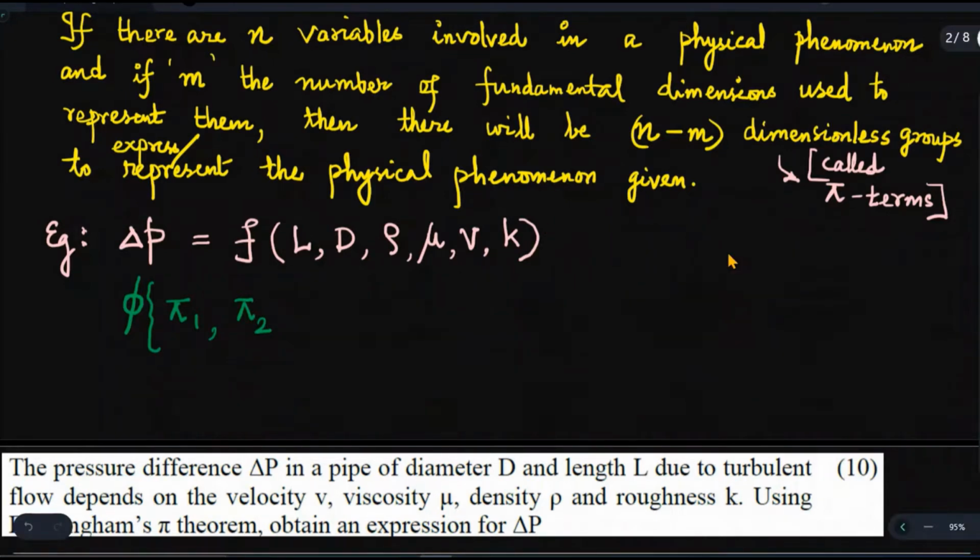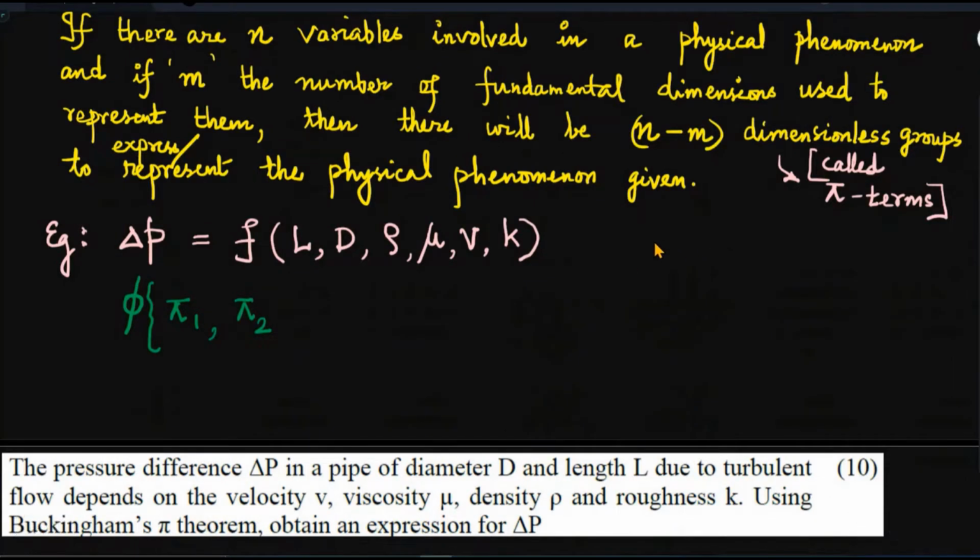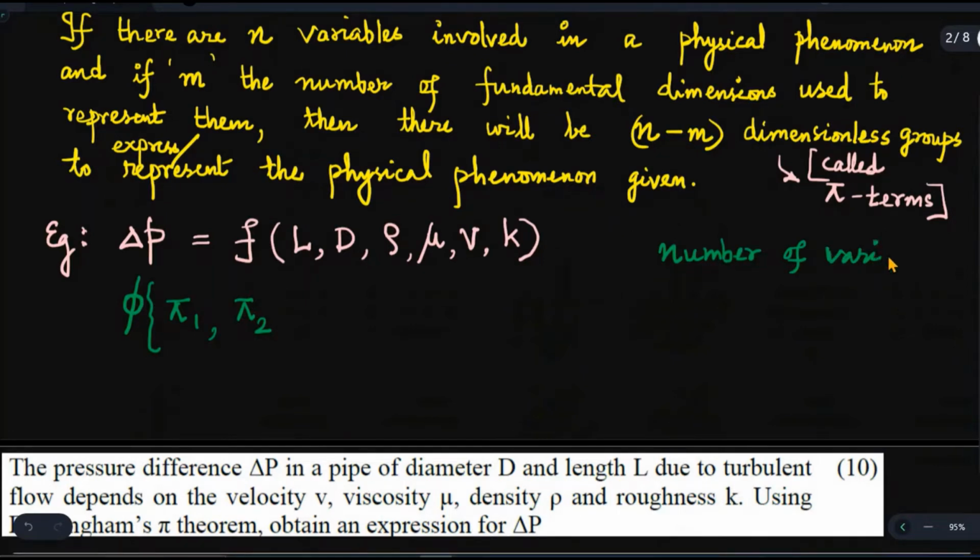For that purpose, the number of variables in this problem has to be found out. Number of variables influencing the given physical phenomenon.